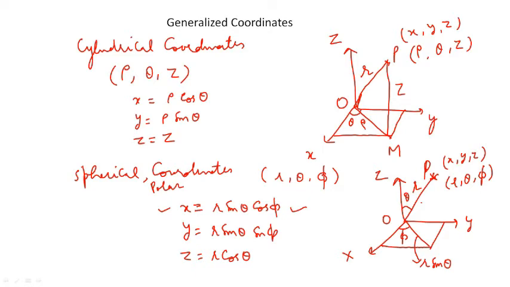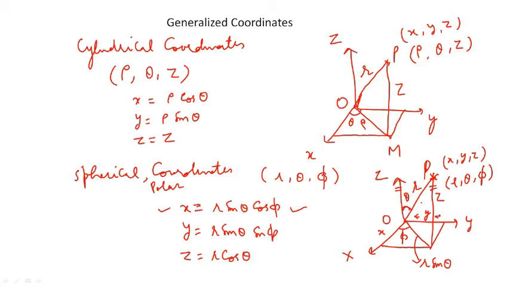Similarly, here y will be equal to r sin theta sin phi, and z is equal to r cos theta. This is your z. You can also see here that this line is parallel to the z-axis.